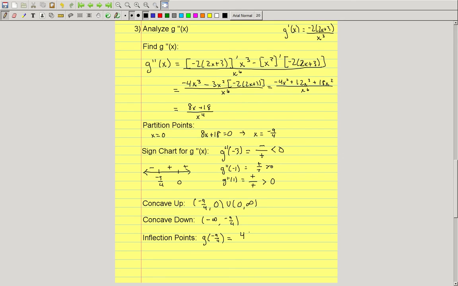So we plug negative 9/4 back into our original function g, and a little bit of arithmetic tells us that this is going to be negative 32/27.